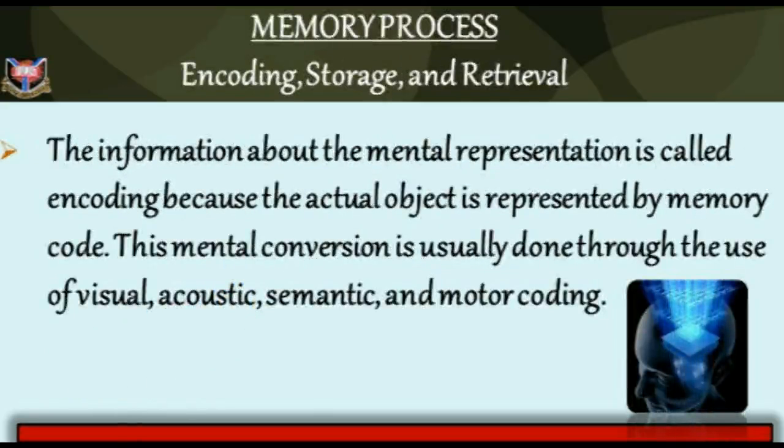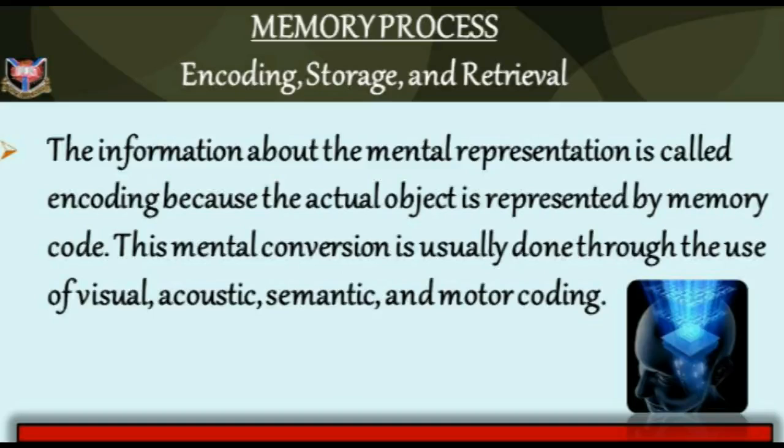Memory process. Encoding, storage, and retrieval. The information processing of the human memory is usually done through encoding, storage, and retrieval, which can be best instantiated in the following ways. Assuming you were asked to memorize the following numbers: 202, 523 to 3598.